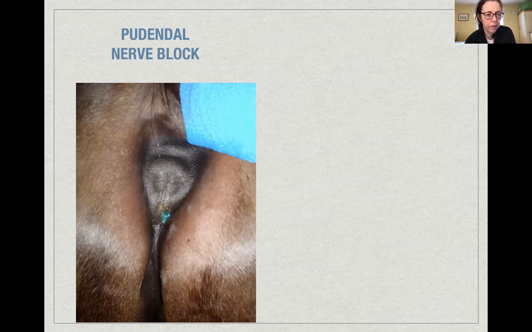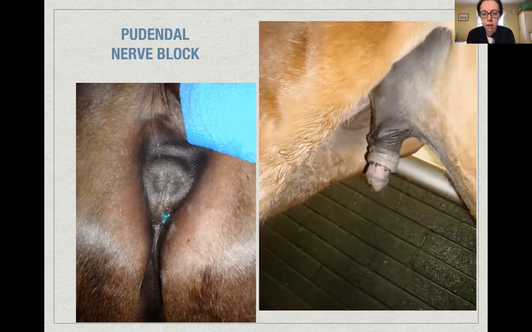You angle it down at a 45-degree angle towards the dorsal edge of the pubis, and you inject 20 mils of local anesthetic there on both sides and wait for about 20 to 30 minutes. And at that point, the horse should have a relaxed penis that you can catheterize or clean or lavage the bladder or do whatever you want to do. So hopefully that's revision of something that we did not too long ago at this stage.